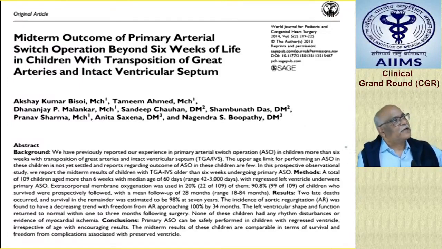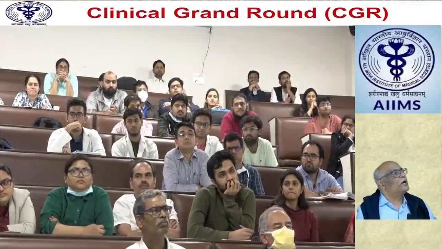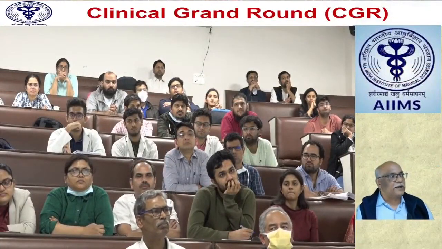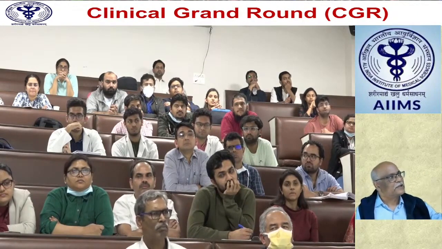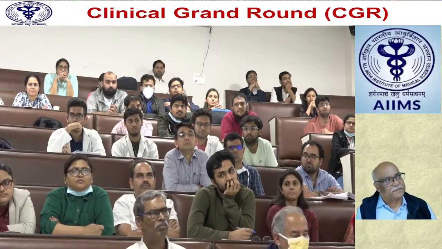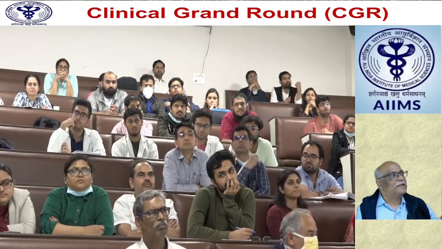We got them inducted into the program, because every time we go, our colleagues in cardiology used to say CRP is normal, count is normal, there is no fever, you go for switch. So we put our foot down, we said we are not going to do the switch because we don't have an age barrier now. Let them recover, let them take 3 weeks, 4 weeks, 8 weeks, and then we will do the surgery. And one critical baby happened at that time.